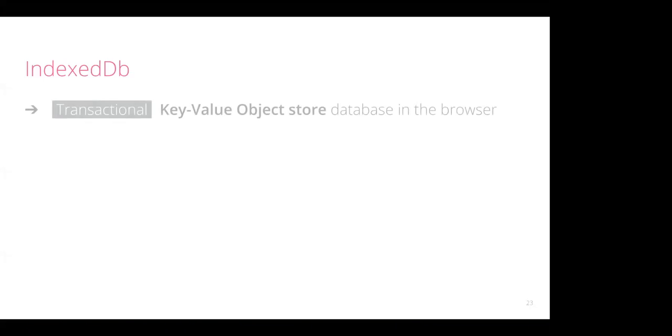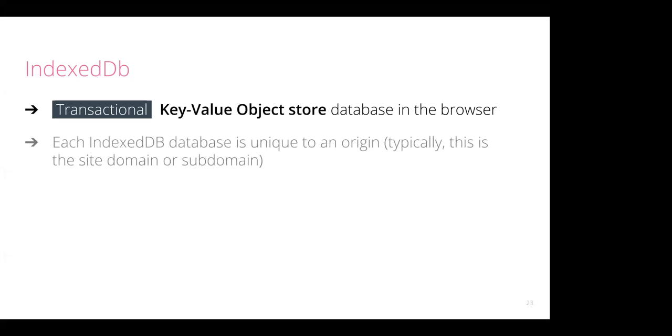Okay. So IndexedDB, this is a normal front end type of database where you get the key value object store database in the browser. If you talk about the site domain or subdomain, same goes for scope. So IndexedDB will be unique to an origin. You can have multiple IndexedDBs across like /index and /users, but you won't do that usually.